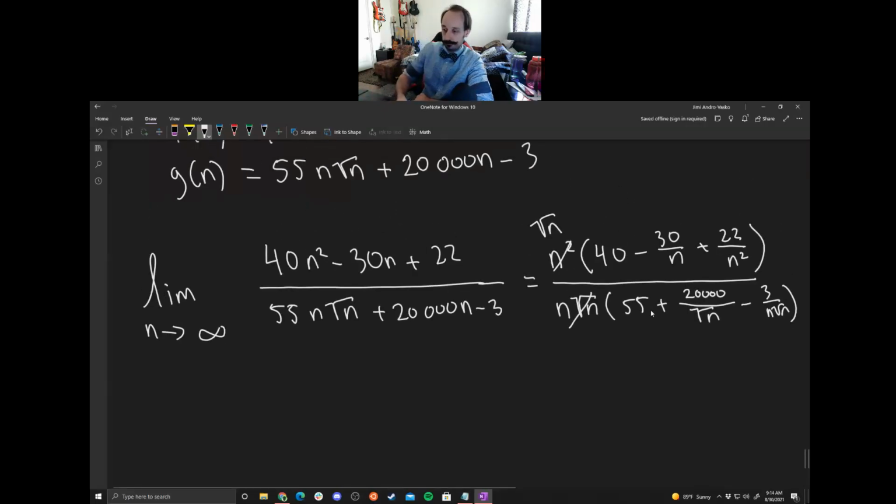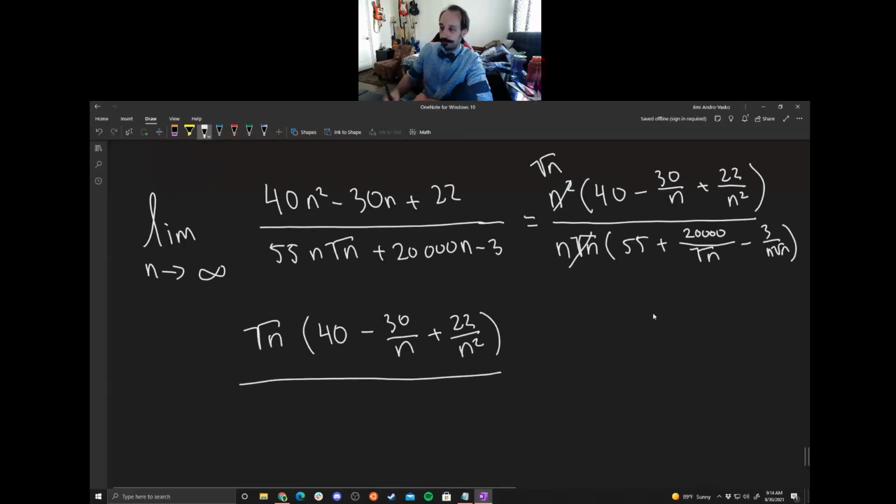So now we have root n times 40 minus 30 over n plus 22 over n squared, over 55 plus 20,000 over root n minus 3 over n root n.